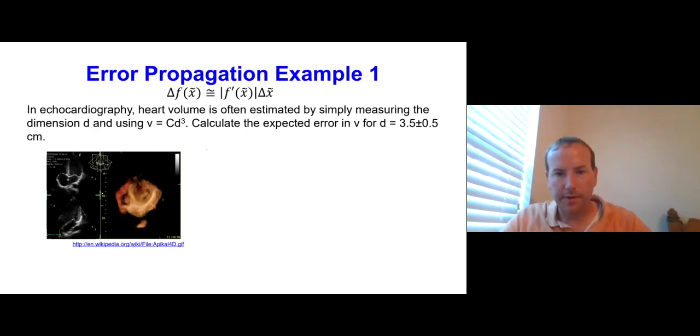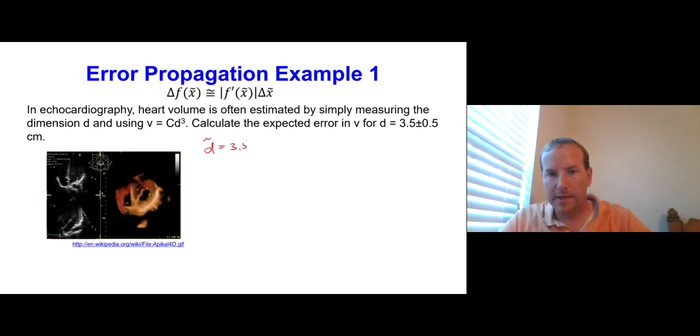So we'll first write down the measured diameter, or really dimension, you should call it, is 3.5. And we said that the error in that is 0.5.